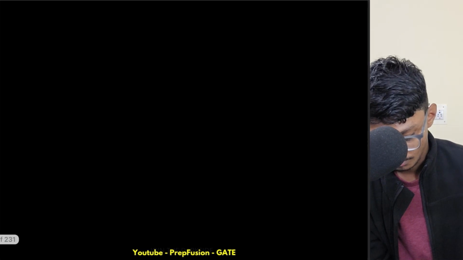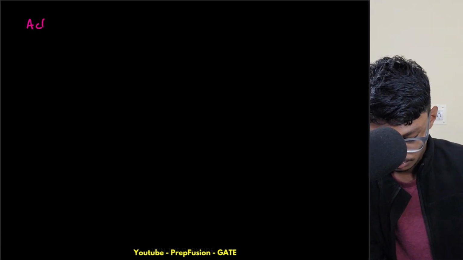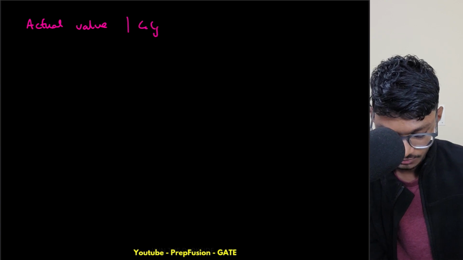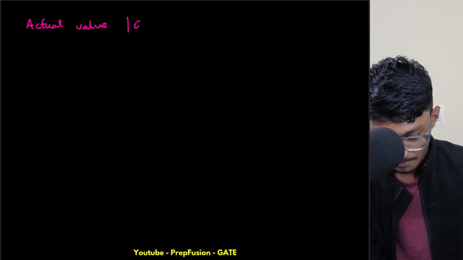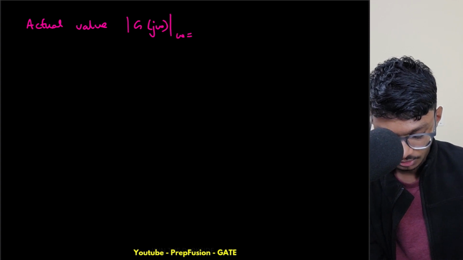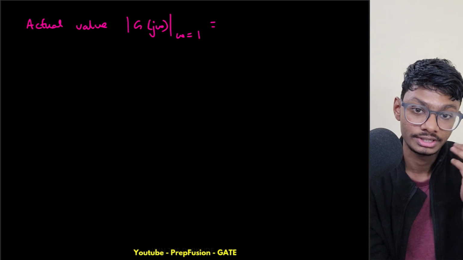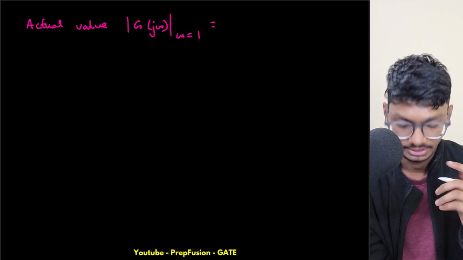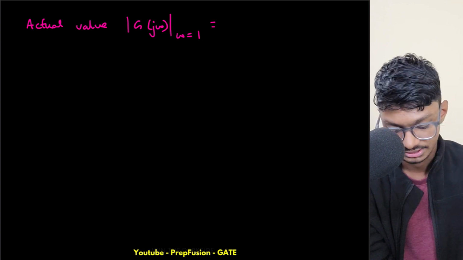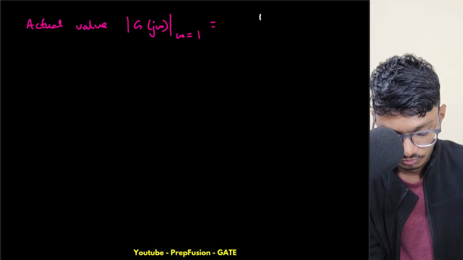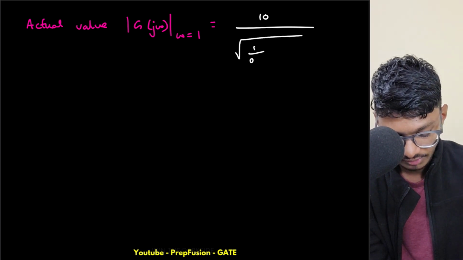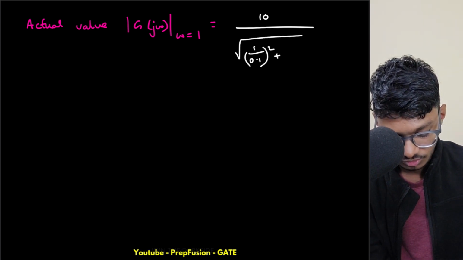So the actual value, magnitude of G(j omega) at omega equals 1. Okay, from the Bode gain plot it says it is the gain crossover frequency, as the gain is 1 at that frequency. Let's see if it really is 1. So what is this? This is 10. This is under root 1 divided by 0.1 whole square plus 1.